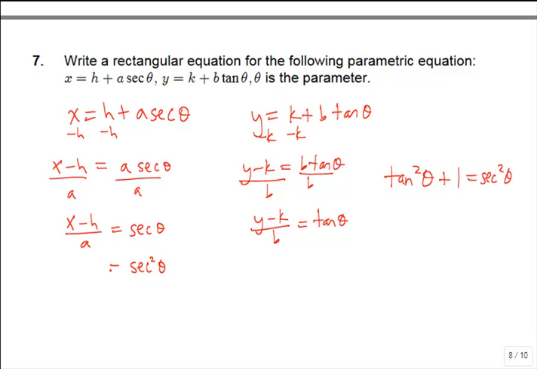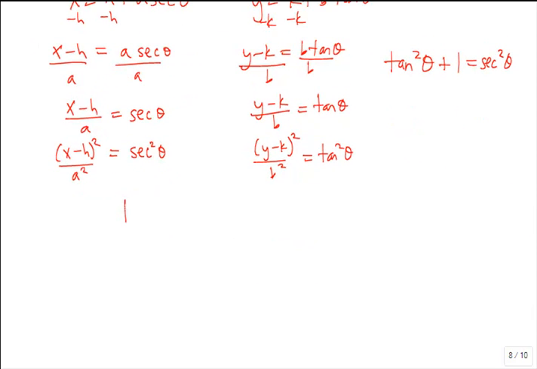So this would become secant squared, and this would be x minus h squared over a squared. And if I square both sides here, I'll get y minus k quantity squared over b squared equals tangent squared theta. So if this identity is true, tan squared theta plus 1 equals secant squared theta, and we know that it is true, let's substitute this in for tangent squared.